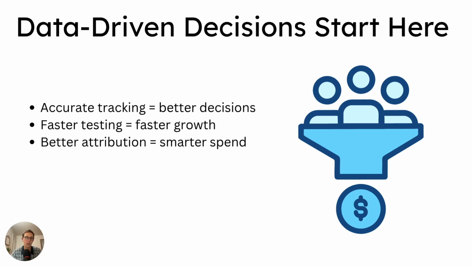And if you aren't testing, chances are your growth won't be as fast as it could be. And then finally, we also need to understand where our marketing investments are going and where we are getting the best ROI. Tag Manager, through deploying pixels from Facebook, Google Ads, all of this will help us better understand where our spend is going and who is winning.